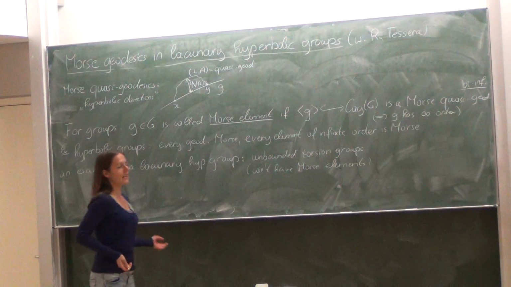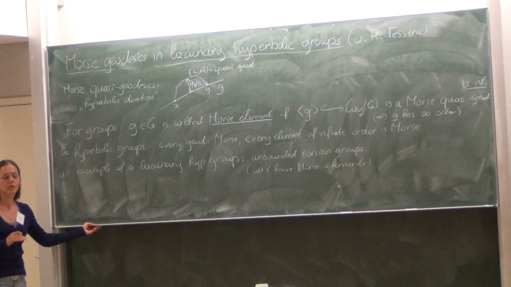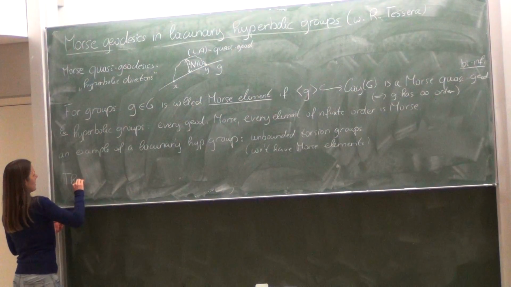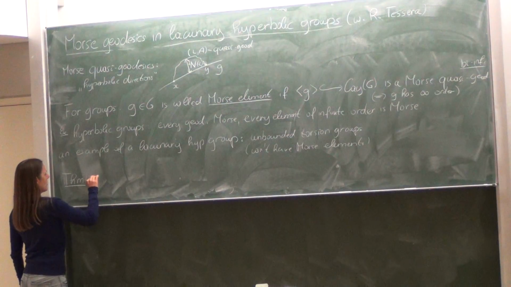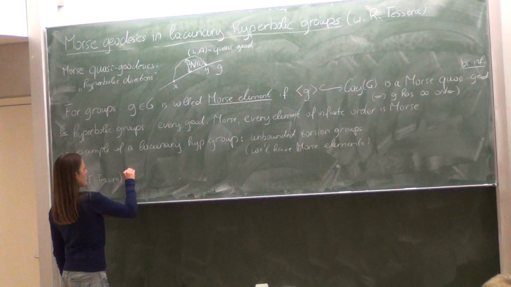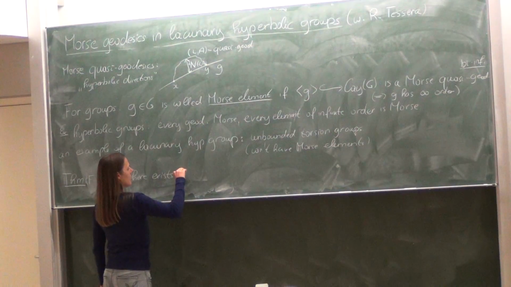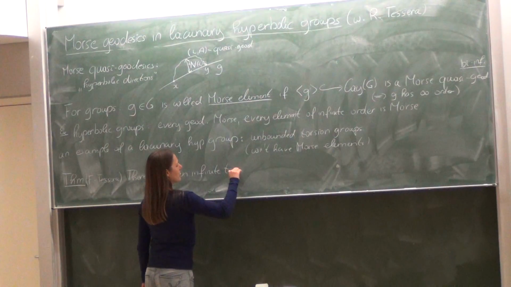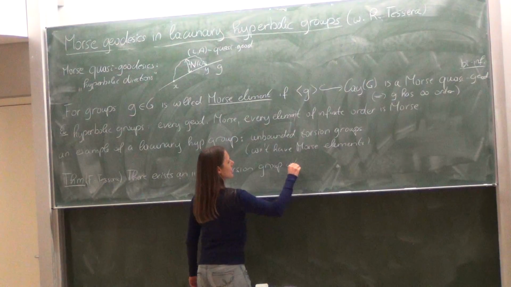But it has Morse geodesics, and I'm going to show you how and why that actually matters and what you can use it for. Okay, so let's put that down here as a less general statement, joint with Romain: there exists an infinite torsion group with Morse geodesics.